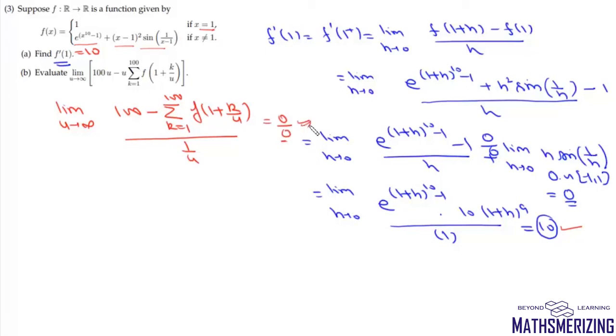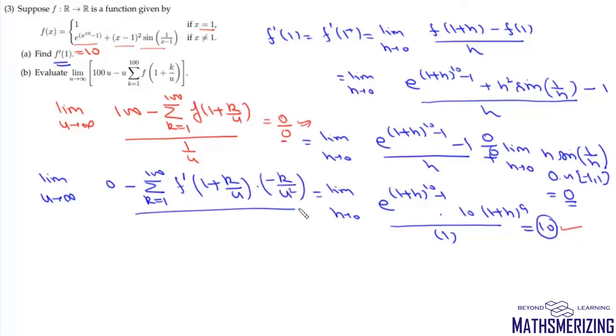So it is 0 upon 0 form. And if it is 0 upon 0 form, again we can use L'Hopital's rule. Alright, limit u tends to infinite. Now this is 0 minus the summation k varies from 1 to 100 of f dash (1 plus k upon u) into the derivative of k upon u. So it will be minus k upon u square divided by minus 1 upon u square.